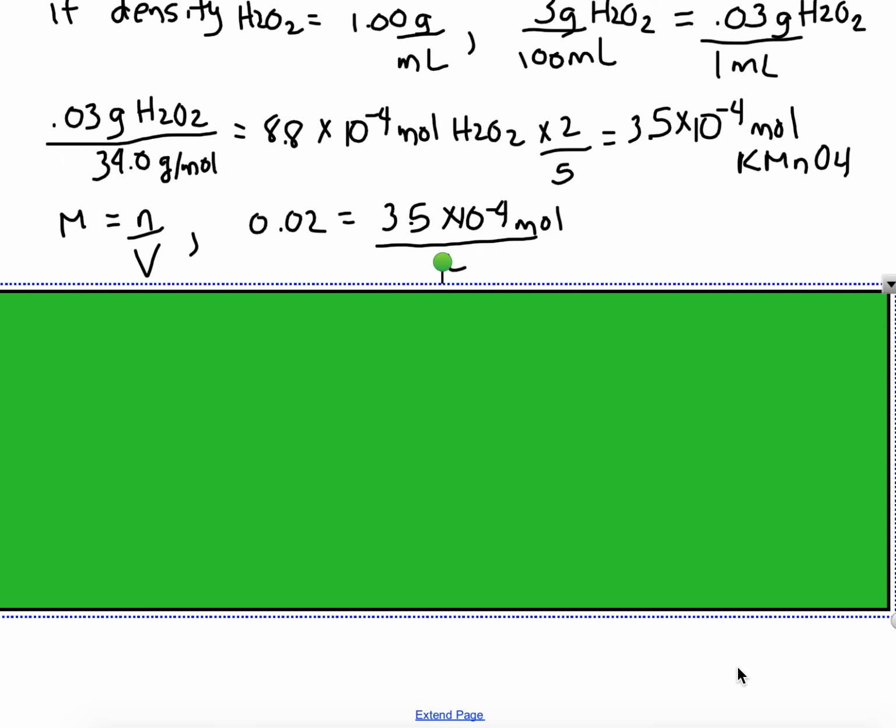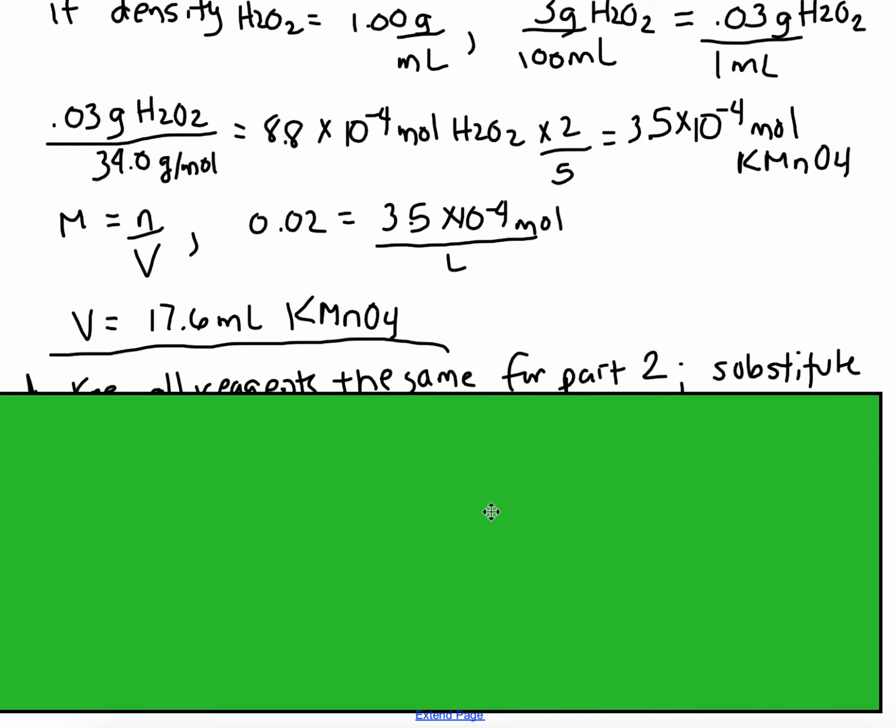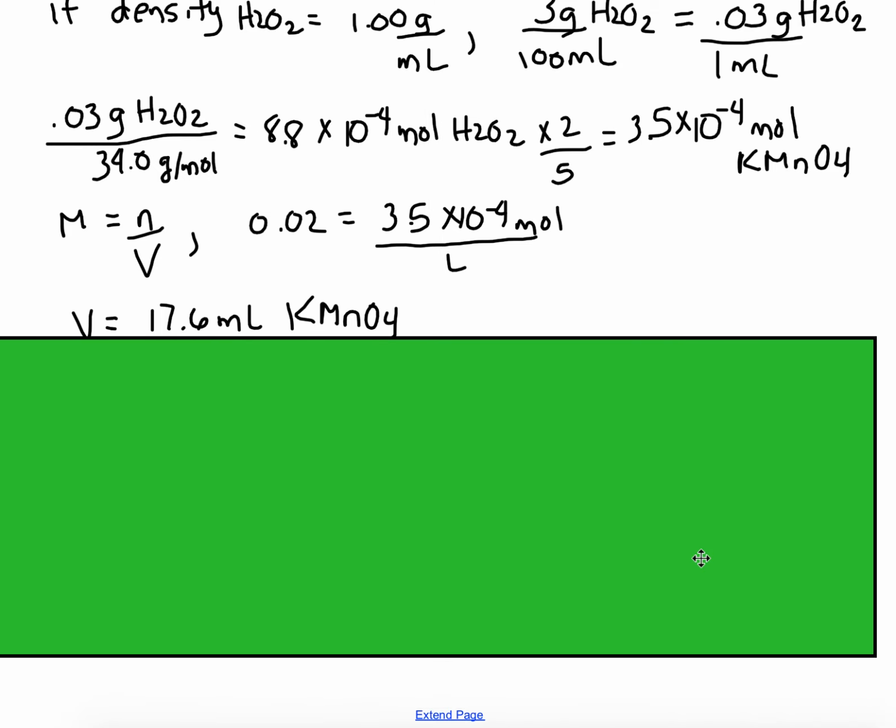And I've got this calculation right here. So concentration equals moles. Volume is the unknown. If I rearrange and calculate, I get volume. Let me write that for you here. Volume is going to be 3.5 times 10 to the negative fourth moles over 0.02 mole per liter.